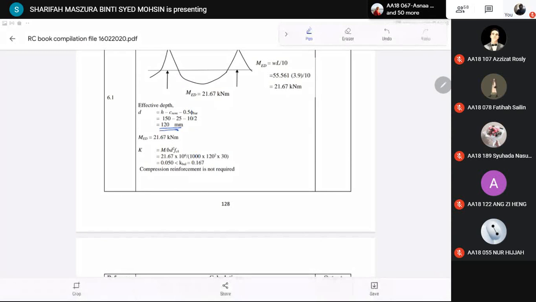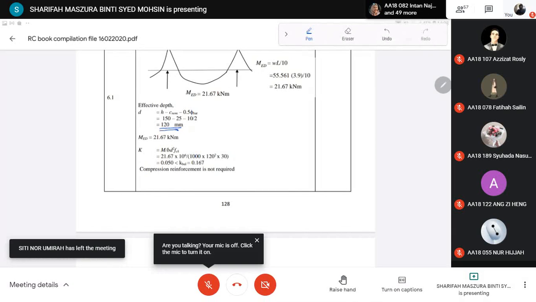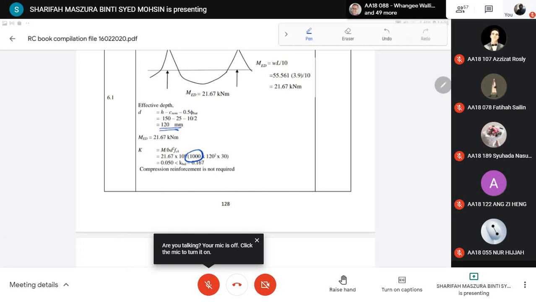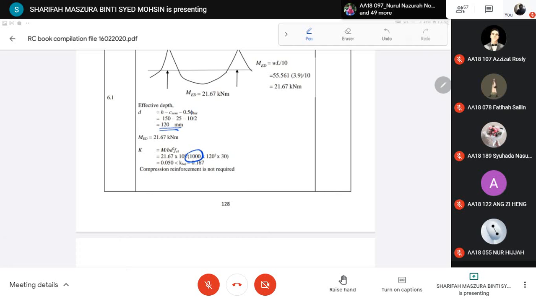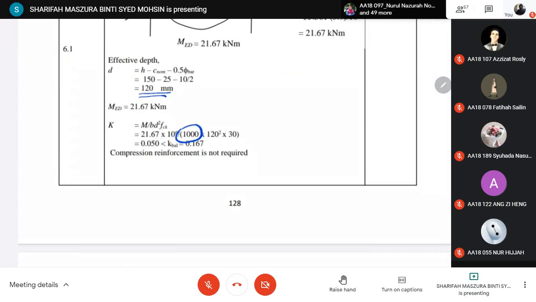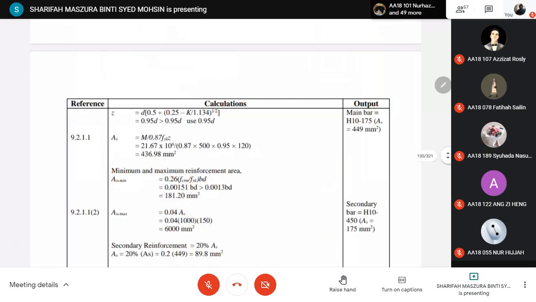Then calculate K, with b is 1000. We get K is 0.05, which is lower than K prime, so compression reinforcement is not required. And then we calculate z. Z here we get 0.953.